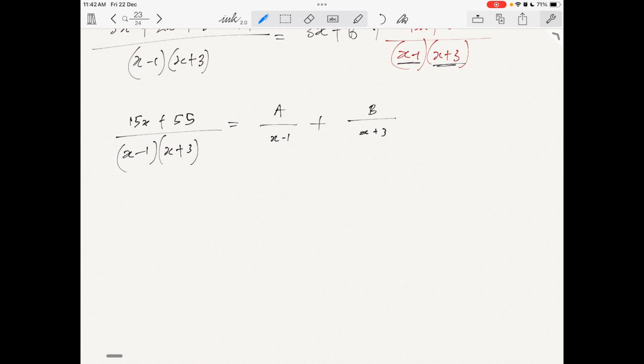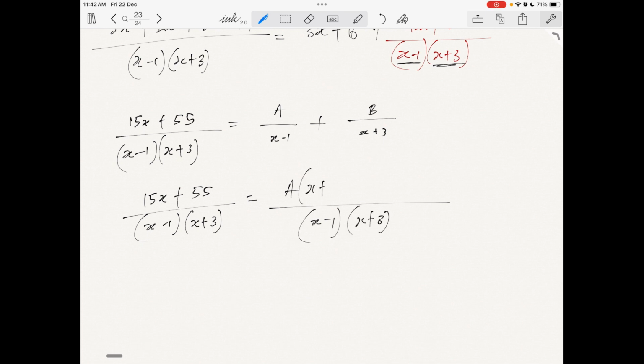Now, we take the LCM. 15x plus 55. You can solve ahead of time to get the values of A and B. This is x minus 1. This is what we have been doing since the first video. And x plus 3. So we have 15x plus 55 equals A into x plus 3 plus B into x minus 1.